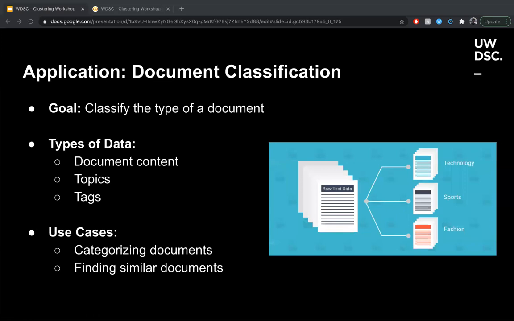The last application is document classification, where the goal is to classify the type of document. The types of data you'd get are the document content itself, the topics of the document, and the tags. If you wanted to sort documents into different topics, in the image on the right you can see technology, sports, fashion.